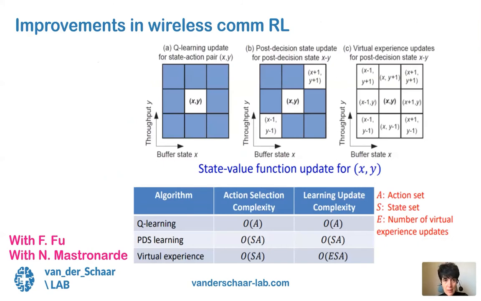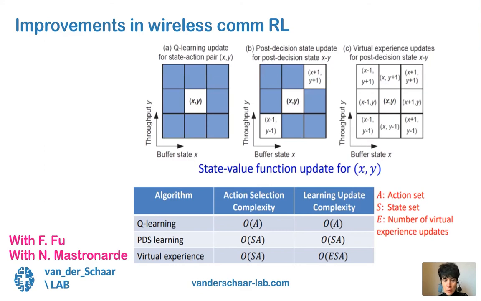So in a variety of papers, we have enhanced Q-learning for wireless communication by introducing first the idea of post-decision state. And due to that, we are able to update the Q function for multiple entries of the state action pair. So what you see here in this figure is that Q-learning updates the state action pair just once for the current state and the current action.